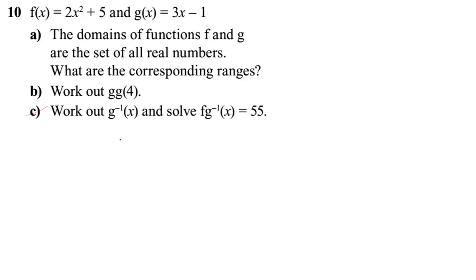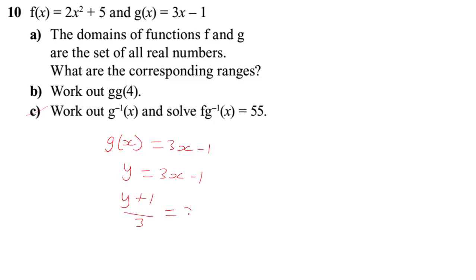So I've got to work out the inverse of g of x first and then solve that. So let's get the inverse first. I've got g of x here, which is 3x minus 1. Now we say that g of x becomes y if you want to get the inverse. And then the next thing is to make x the subject. So I'm going to have y plus 1 over there, then divide by 3.